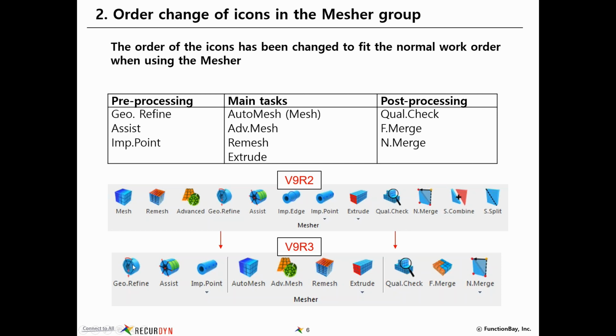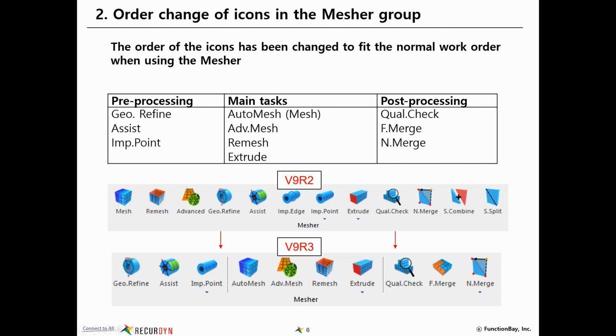You first refine the geometry. The assist is included if you have things like joints or contact on your body that you're trying to preserve. As you're going through your mesh, you'll use this assist function, imprint points and lines and patch sets. We'll talk about that a little bit later.